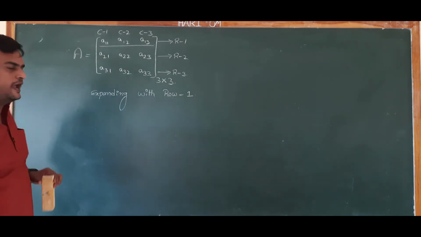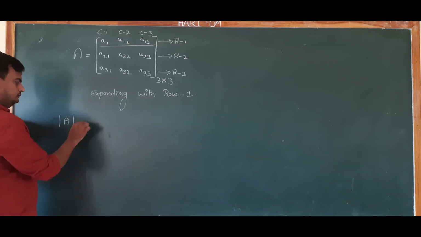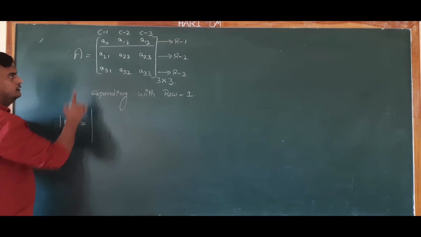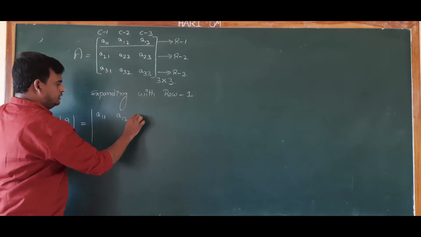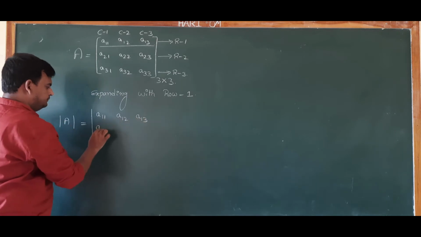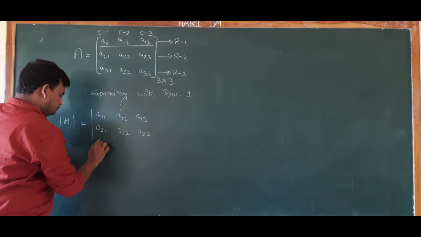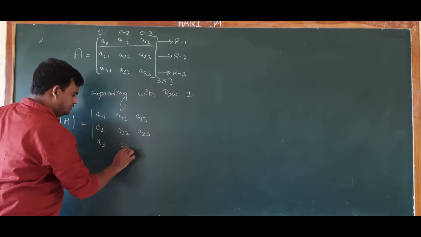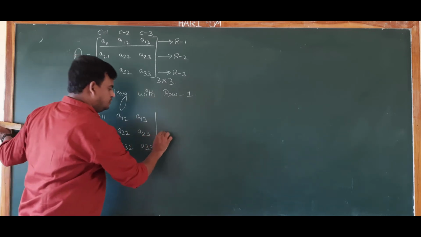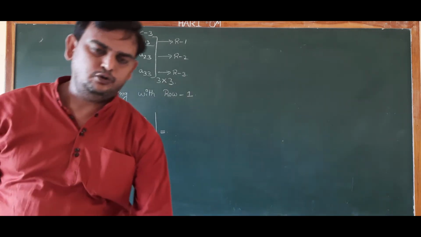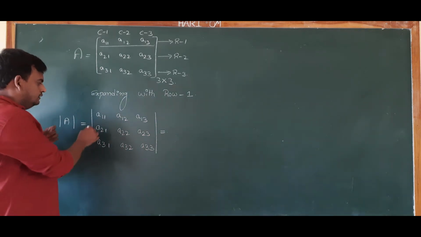Det A is equal to the determinant of the given matrix A11, A12, A13, A21, A22, A23, A31, A32, A33. Now how to expand it? That is our question. It is very easy.